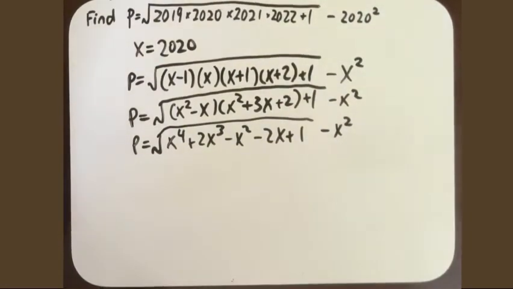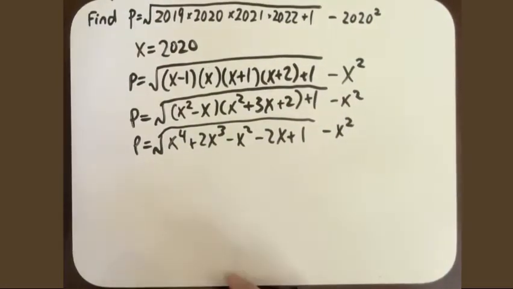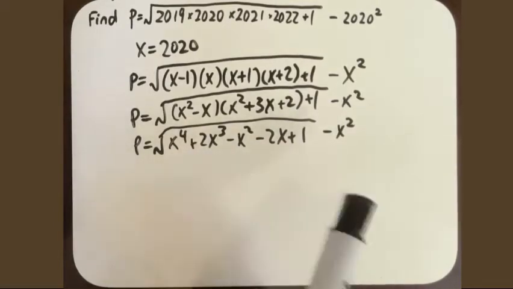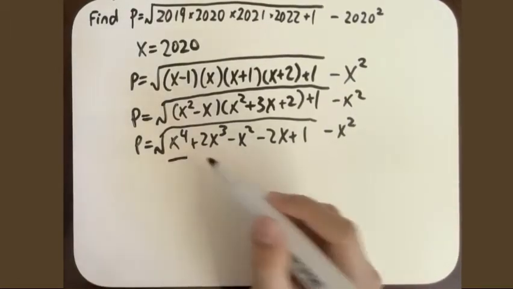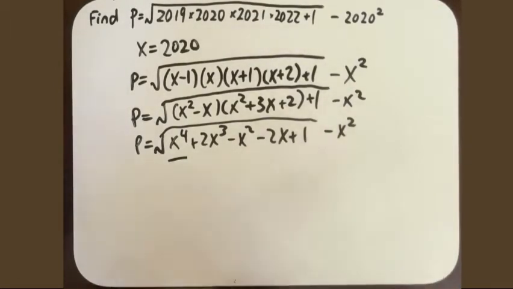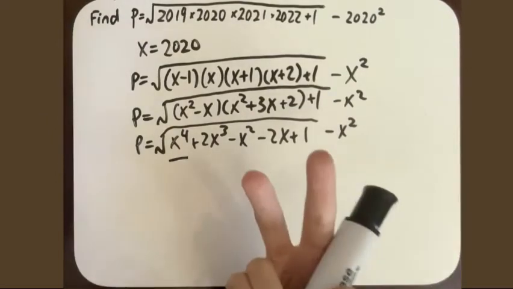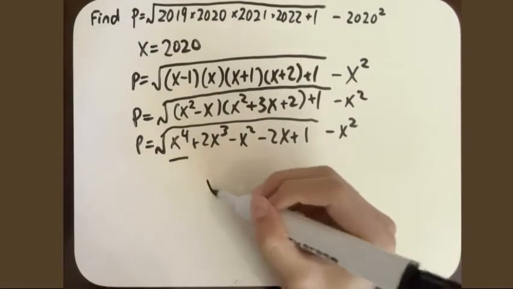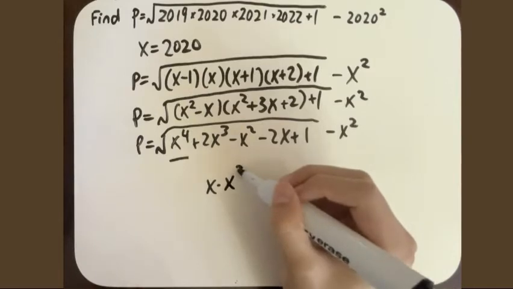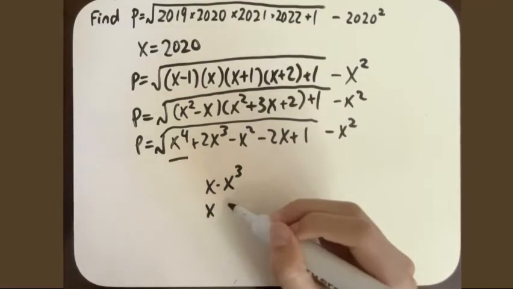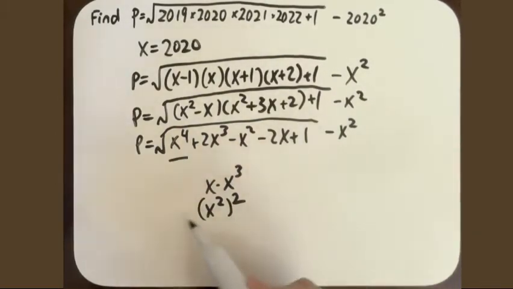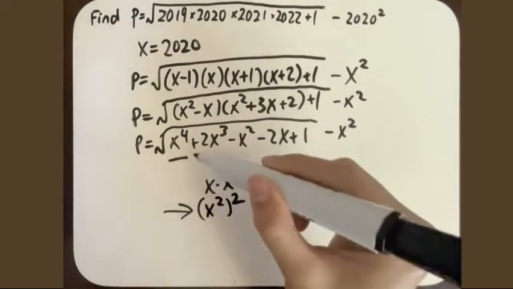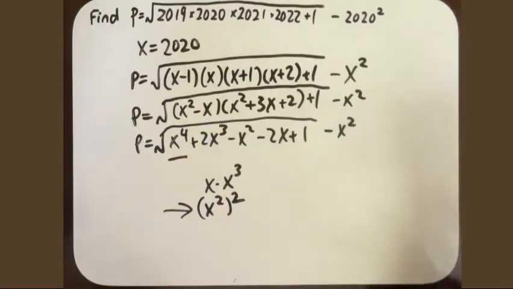minus x squared. Well, ultimately, this whole expression here should be a perfect square, so that we can take the square root. And if we look at this first term here, it's x to the fourth. The only two things we can multiply to get that is x times x cubed or x squared times x squared. And this is what we want, because we want to rewrite this as a square.